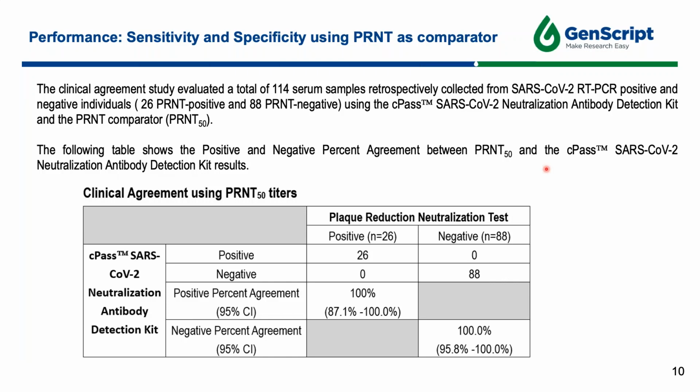Additionally, we have also validated the assay using a total of 140 serum samples collected from SARS-CoV-2 RT-PCR positive and negative individuals. As shown here, the clinical agreement using the PRNT50 as the comparator shows that we have very good sensitivity and specificity, with 100% for both the positive agreement and negative agreement.